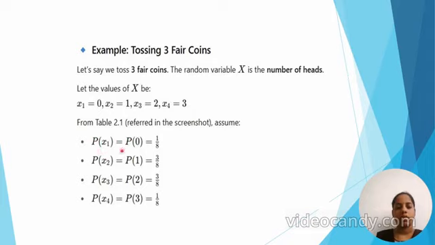P of x1 equal to P of 0, which equals 1 by 8. When we toss 3 coins, probability equals the number of favorable outcomes by the total number of outcomes. P of x2 equals probability of 1, which is 3 by 8, P of x3 equals probability of 2, which is 3 by 8, and P of x4 equals probability of 3, which is 1 by 8.